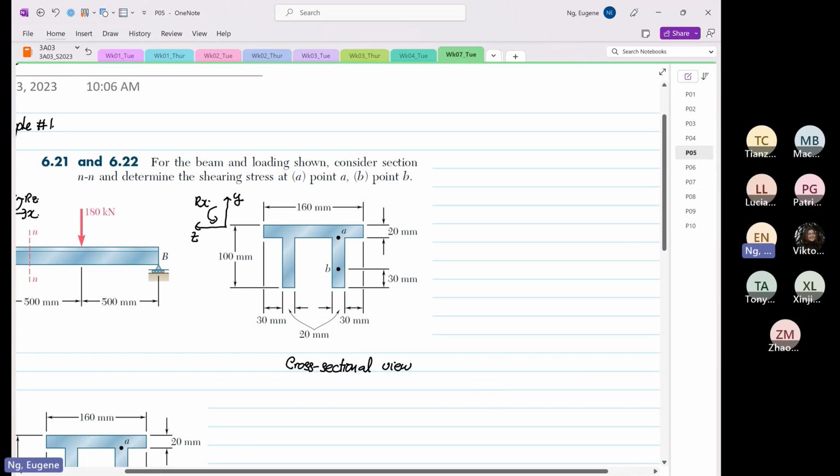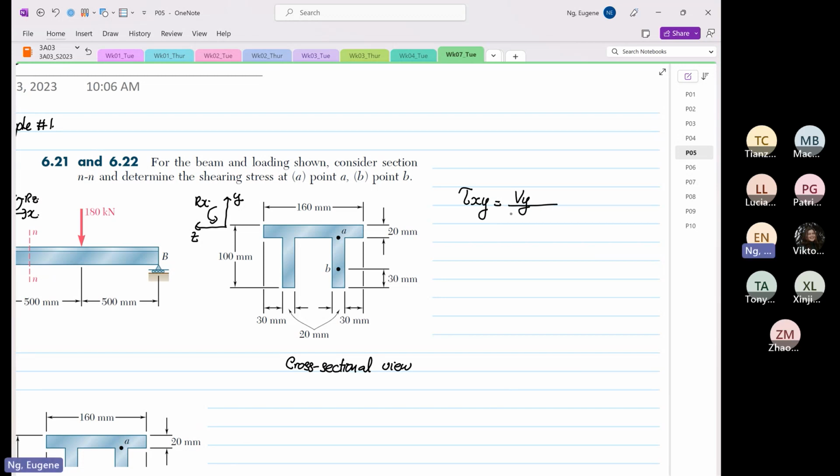Okay. So we know we have to determine the shearing stress. What we are going to do is apply the formula that shear XY is equal to Vy over IZZ, QZ over T. Okay, so to make things quicker for us, I'm not going to find the centroid and the second moment of area. I think you are very good at that.